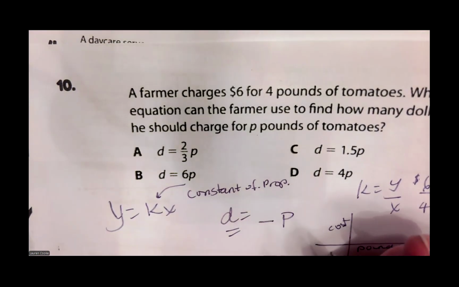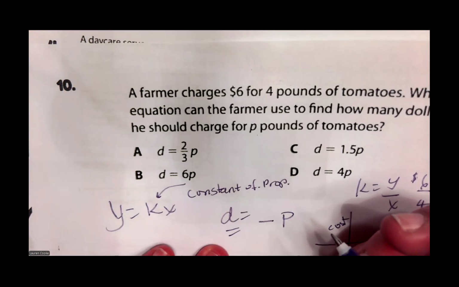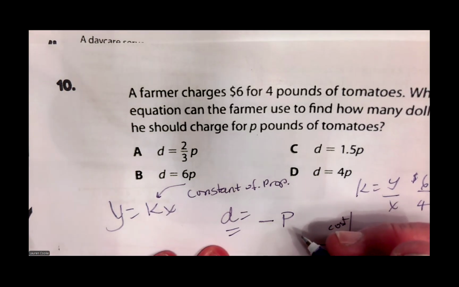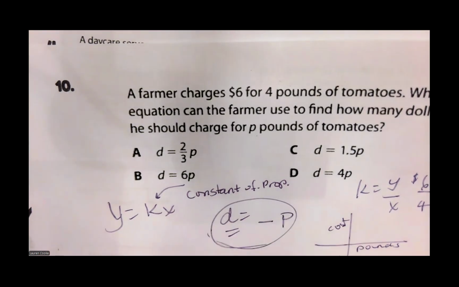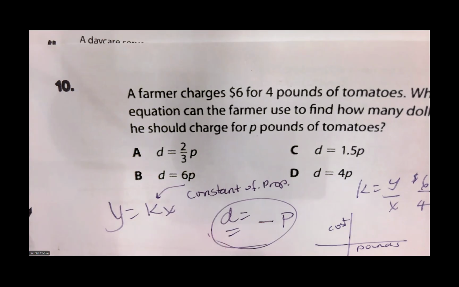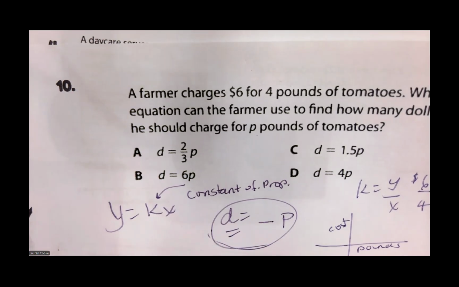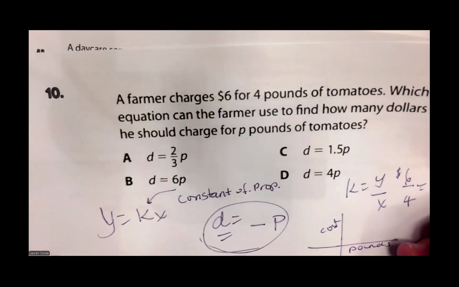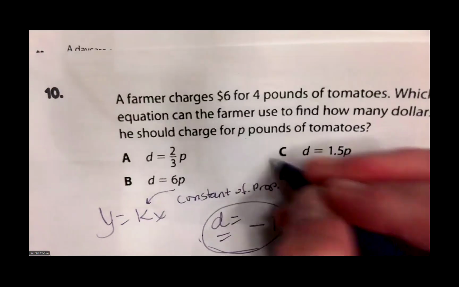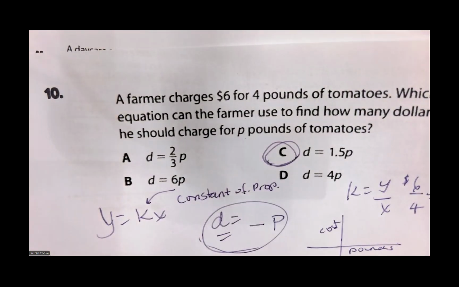And in this case, your equation either makes the mark or it doesn't. And Sabrina, yours does too. So which one is it? We're looking for the dollars. And then how many pounds are we multiplying by? Well, it looks like we have 6 divided by 4. That's 1 2/4 or 1.5. So I'm definitely going with C here.